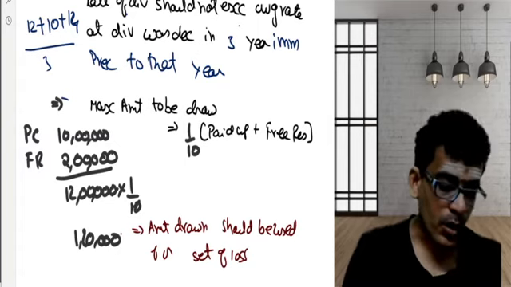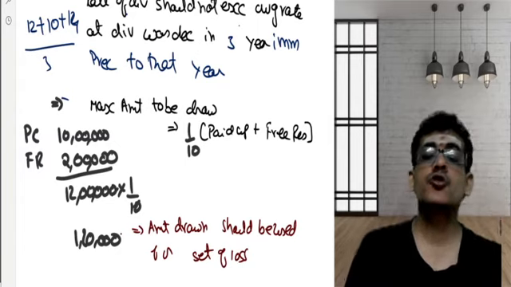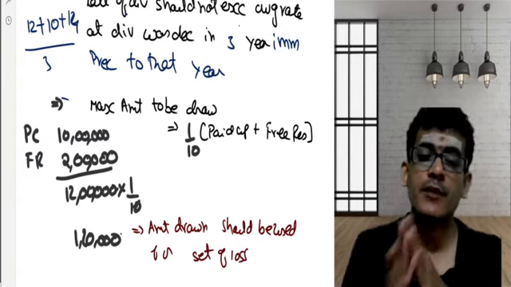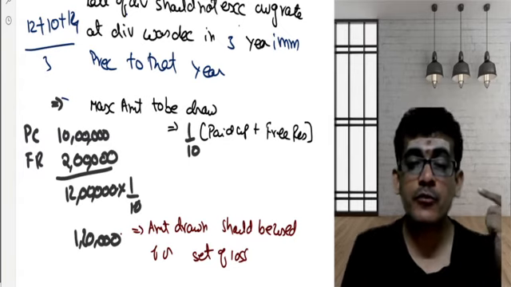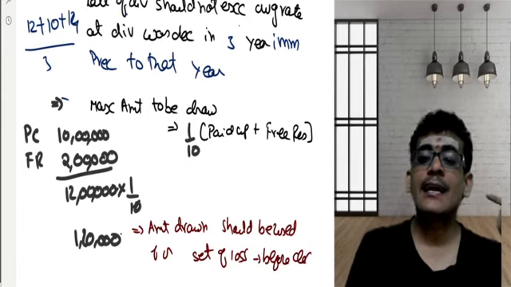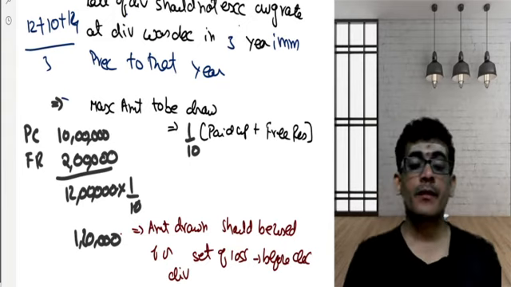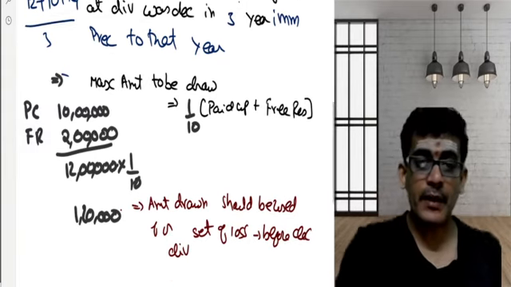So before declaring the dividend, you should set off the loss first. That is the other condition you need to comply with.